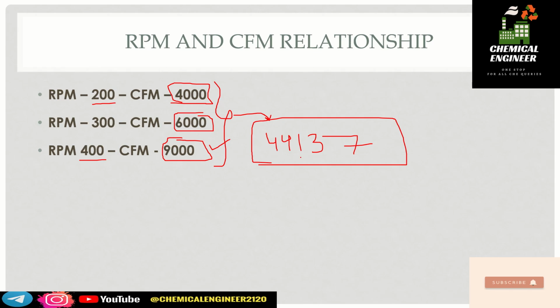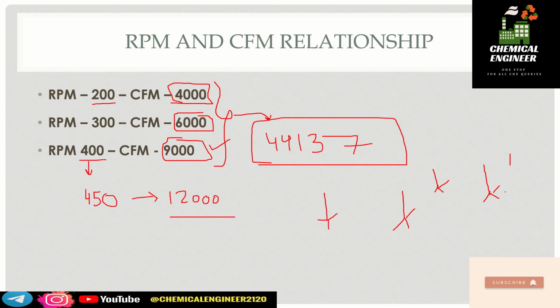In order to achieve this, we will use a fan of 450 RPM, which will have a CFM of 12,000. We will use 450 RPM smaller fans, and we will divide the room into four parts: 1, 2, 3 and 4.